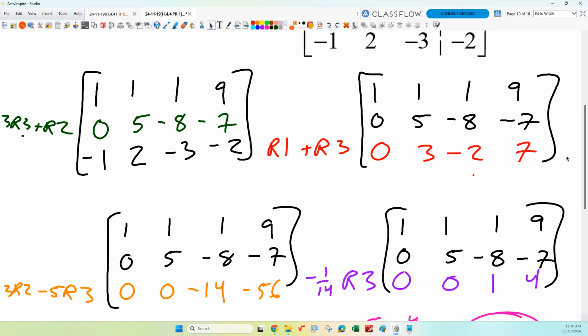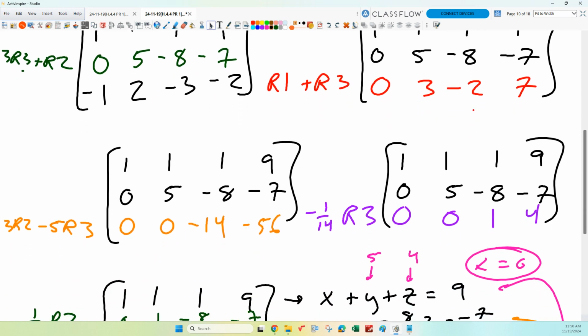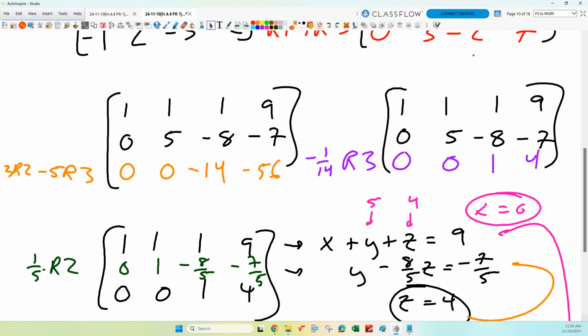Okay, we actually kind of missed a step here. Would there have been a way for us to easily get a 1 there? So we could have avoided having all these fractions. Because think about this. Why did we have to deal with all the fractions?